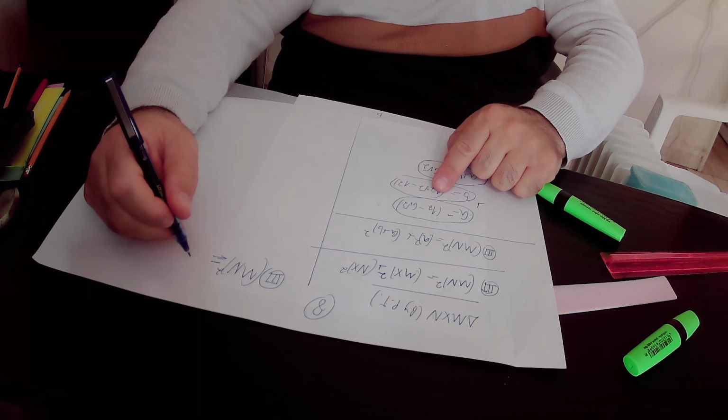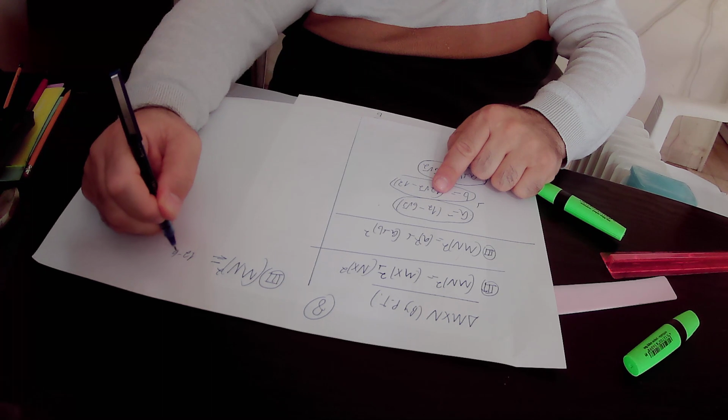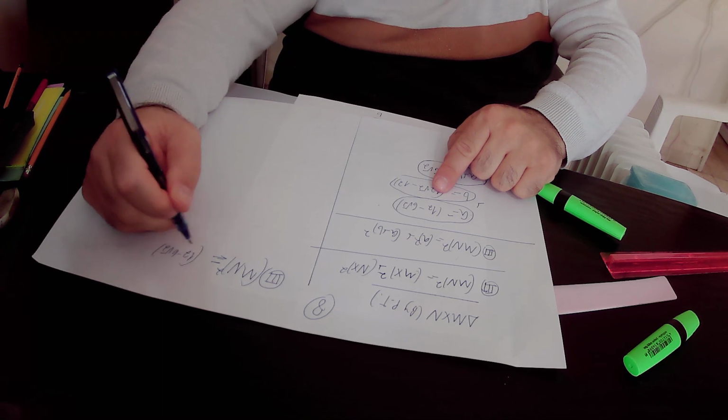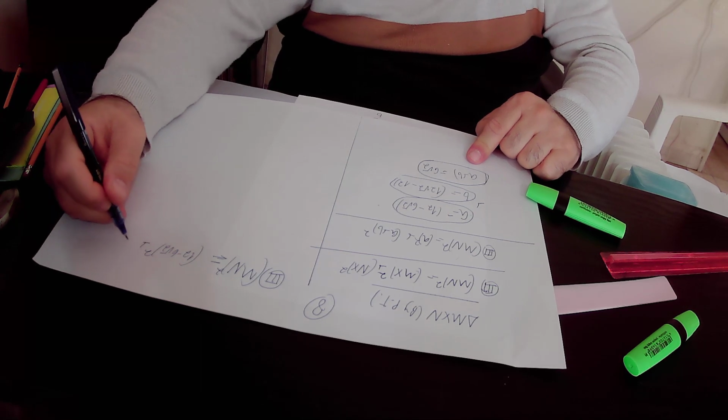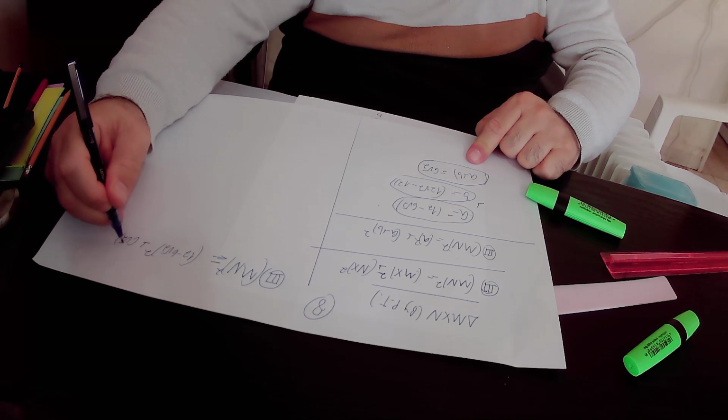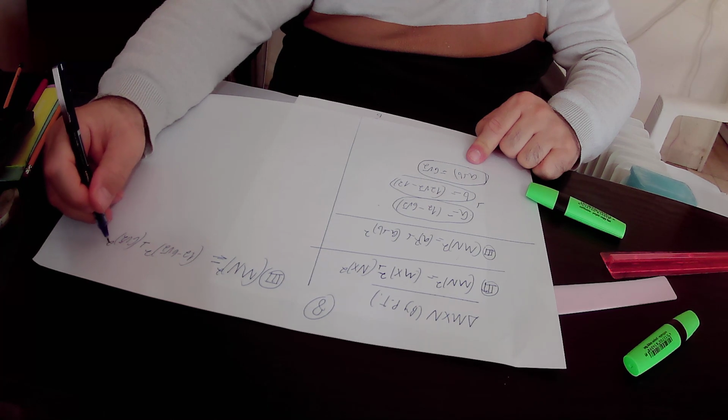A is 12 minus 6 times square root of 2, squared, plus (A plus B) squared. We already found out that A plus B is 6 times square root of 2, squared.